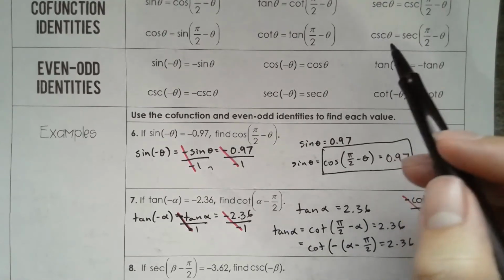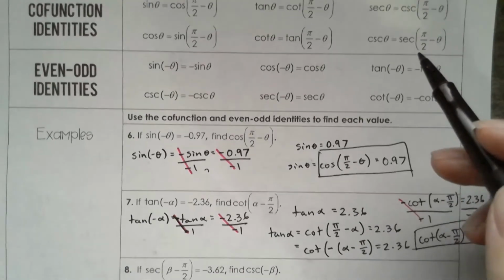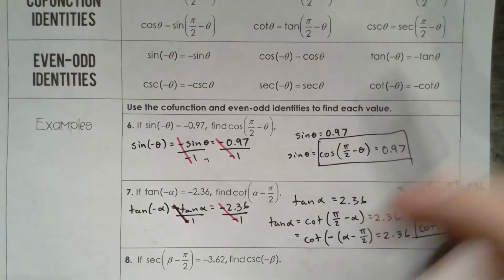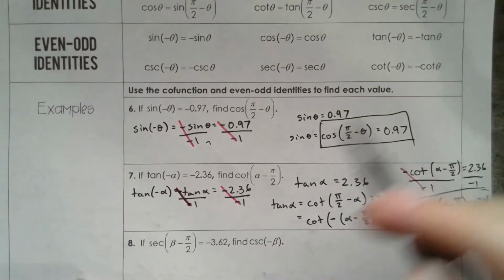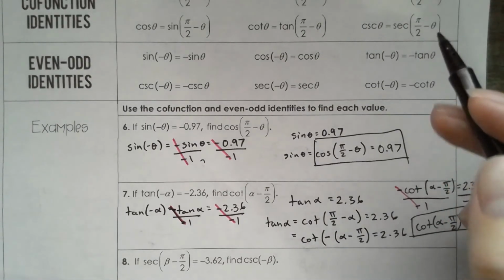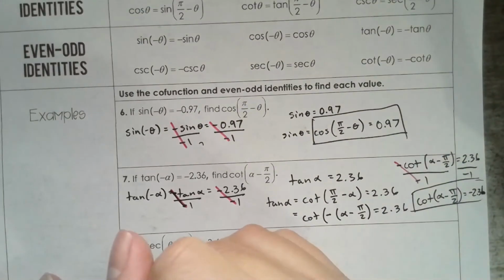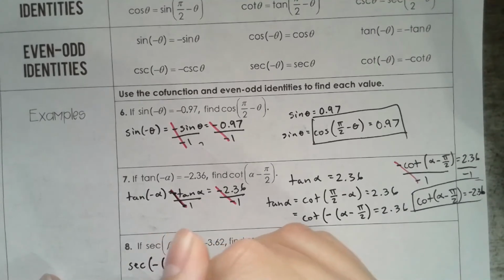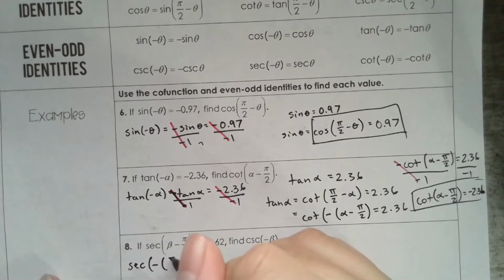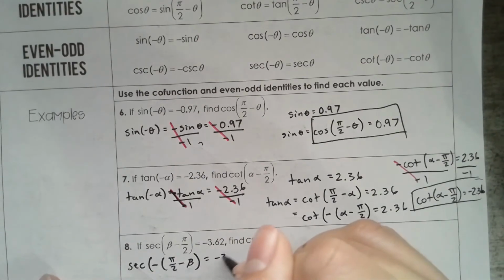Here's beta minus pi over 2, pi over 2 minus theta. Similar to the previous problem, I'm going to have to factor out a negative from the angle. That'll allow me to switch the symbols. Pi over 2 minus beta. That'll be negative 3.62.